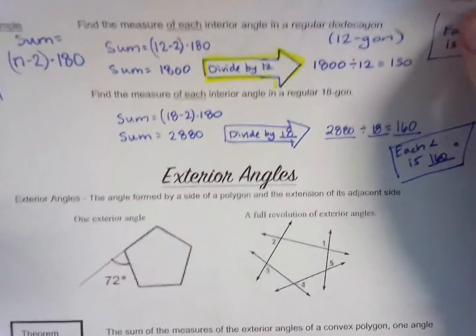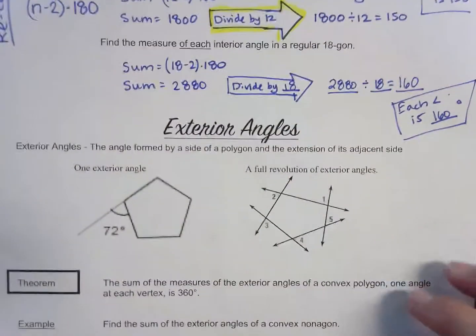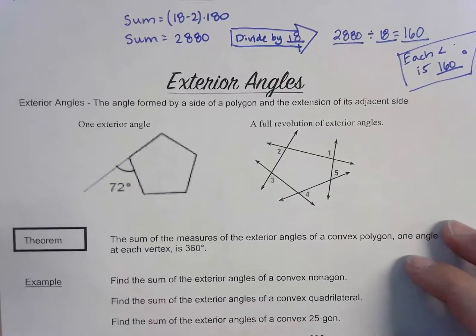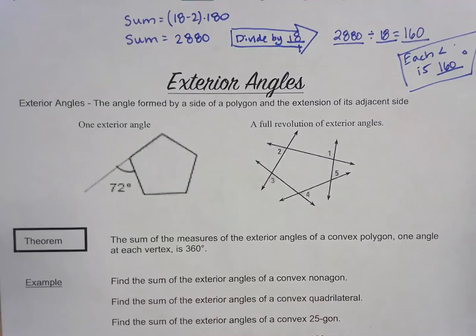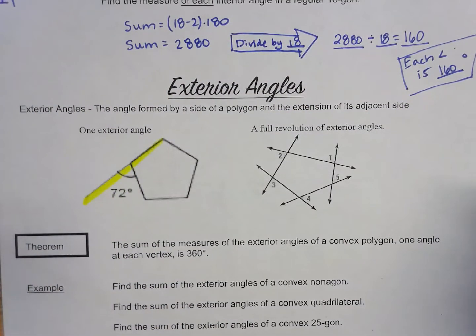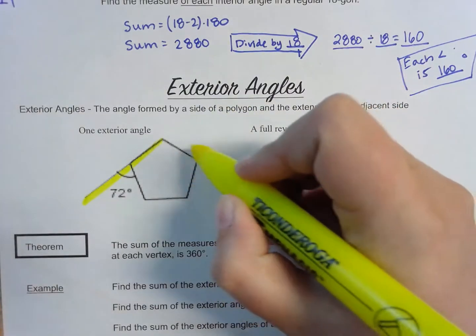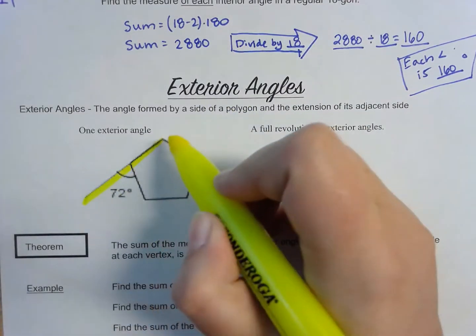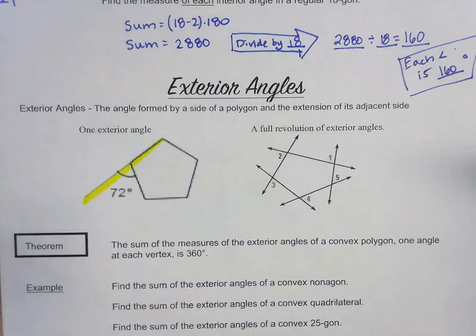Okay. Moving forward to today, exterior angles. The angle formed by a side of a polygon and an extension of its adjacent side is an exterior angle. So you have to draw kind of this extension of the side to find an exterior angle, right? It's not like this outside piece. It's this piece formed by the extension of the line.